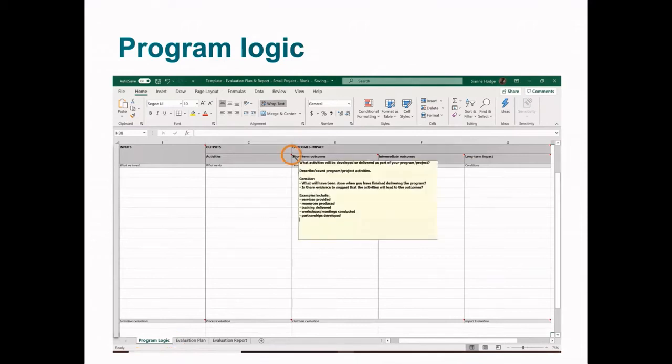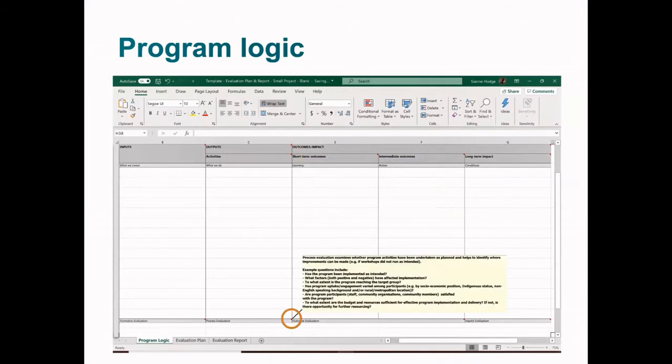So when you hover over the red triangles, you will see some prompting of what that field is about and what to consider. So there's an example for a prompt for activities, as well as process evaluation. So if you forget, along the way as you're inputting the information, just hover and you'll be provided with that advice. So for example, it's given some example questions that are usually asked as part of a process evaluation.